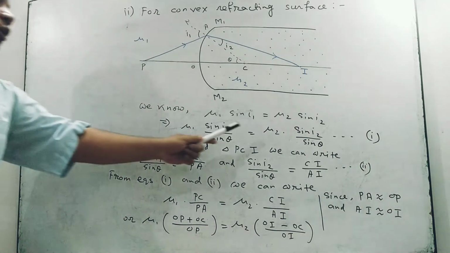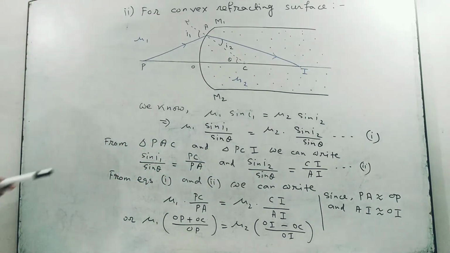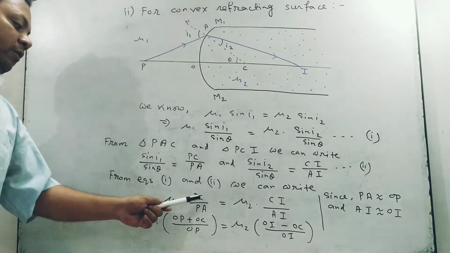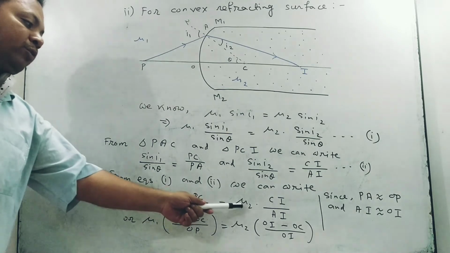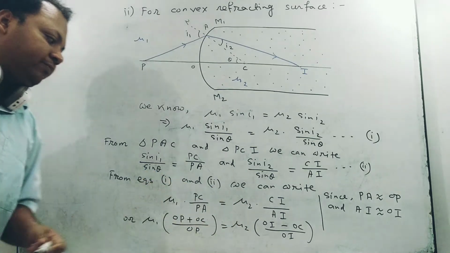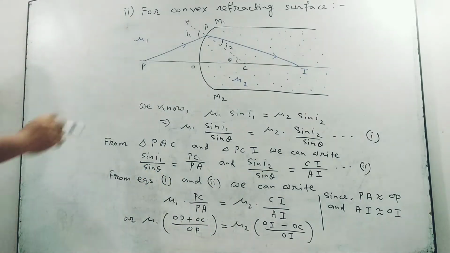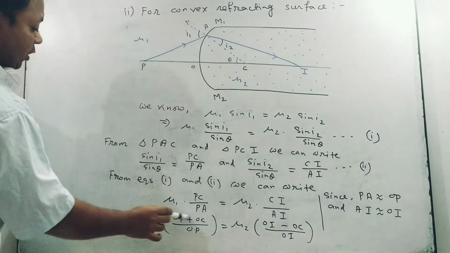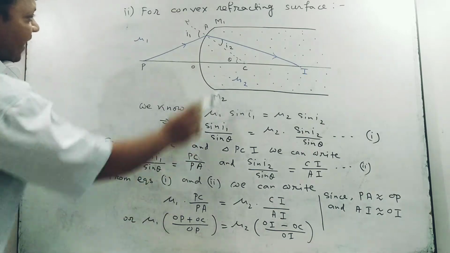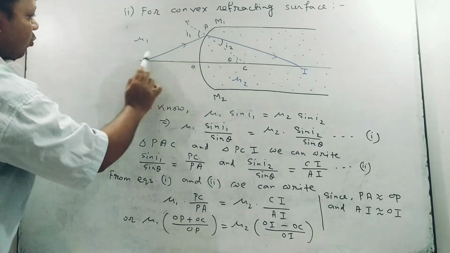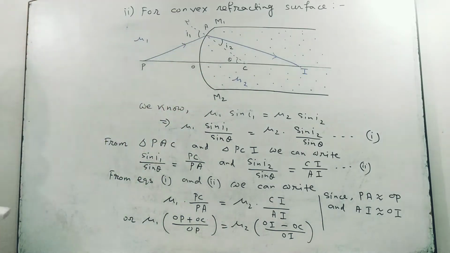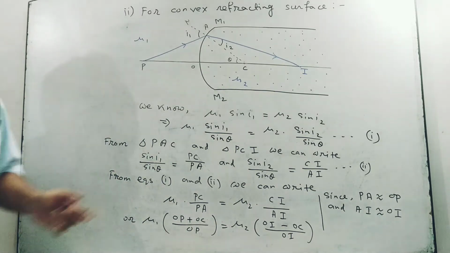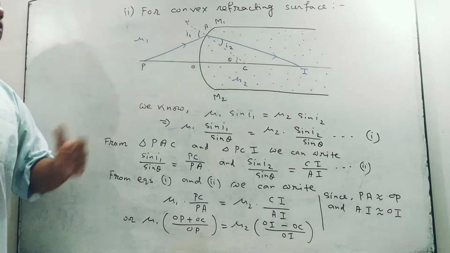Now from equation 1 and equation 2 we can write that mu1 PC by PA is equal to mu2 CI by AI. Now we can write PC is equal to OP plus OC. PA is approximately equal to PO because the curvature of the surface M1 M2 is very small.